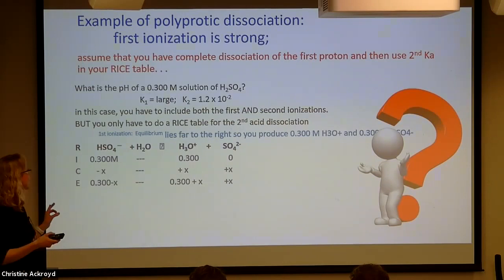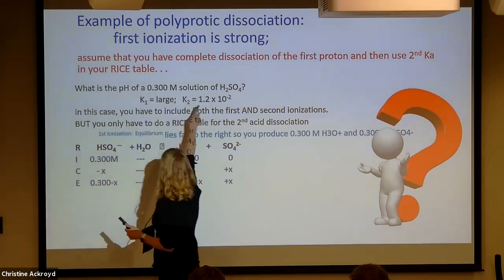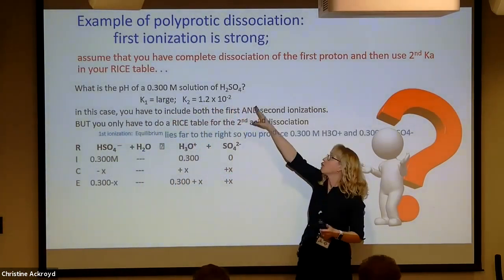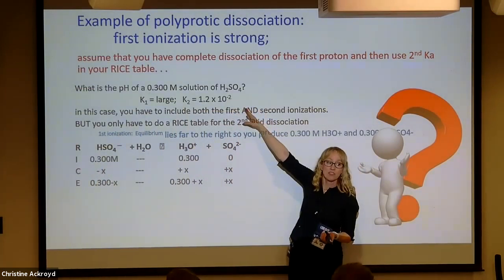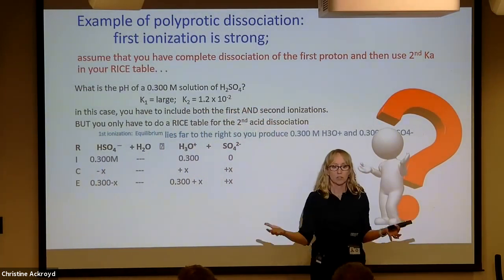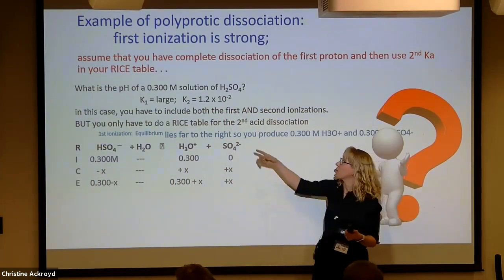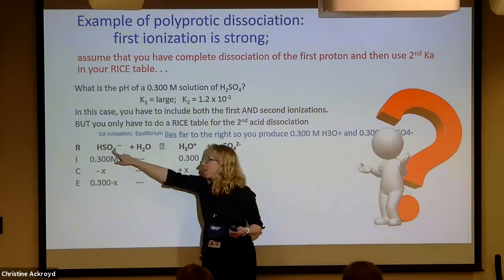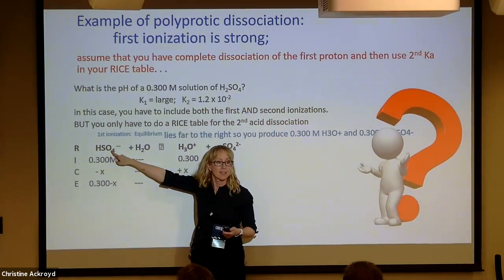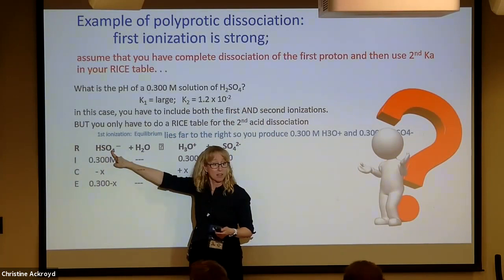Sulfuric acid is a strong acid, right? So when you add 0.3 moles per liter sulfuric acid, what are you going to get? 0.3 molar hydronium plus 0.3 molar hydrogen sulfate. But the hydrogen sulfate, can it react with water? Yeah, and it will.